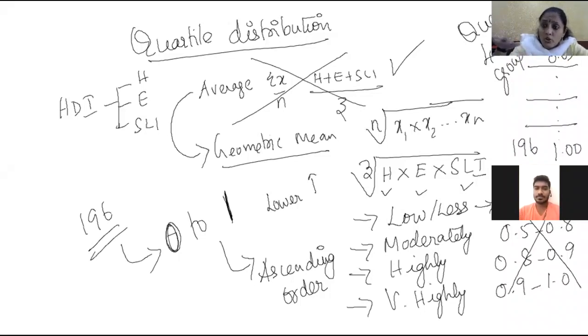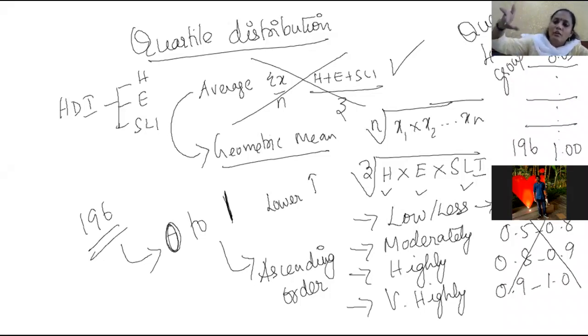Not the mean value. It is not the mean value. Of course, it is the mean value, but that's a way you can do this division into the 4 groups. You have to add up all the HDI values and divide by 4. That is a way you can calculate it. But what we are trying to say is that you have to add the values and see the quartile.